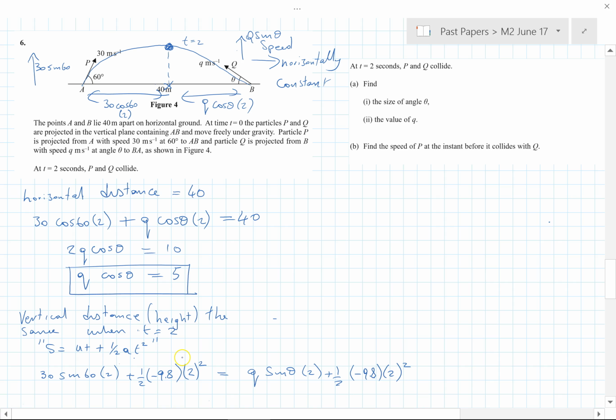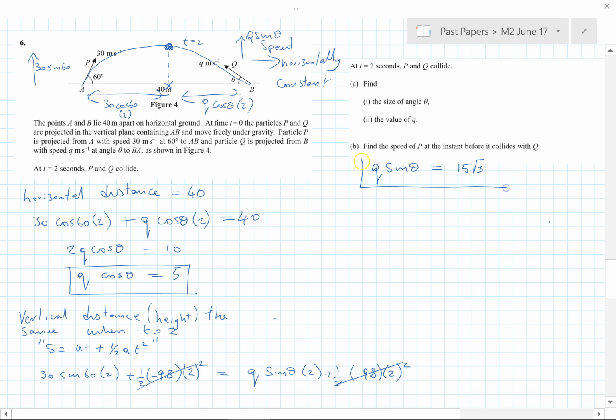Now actually those bits cancel. It's quite interesting what happens there. So the 2 cancels here, and when we work that out, that gives us q sine theta is equal to 15 root 3.